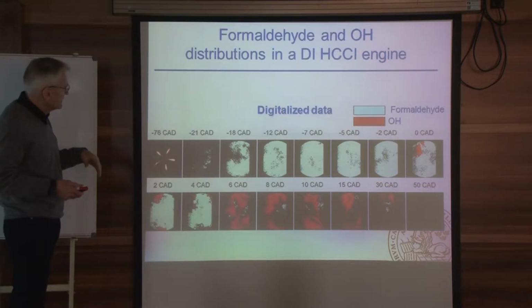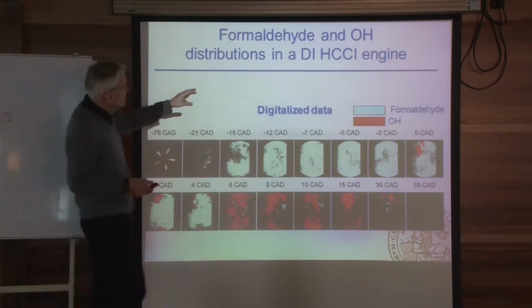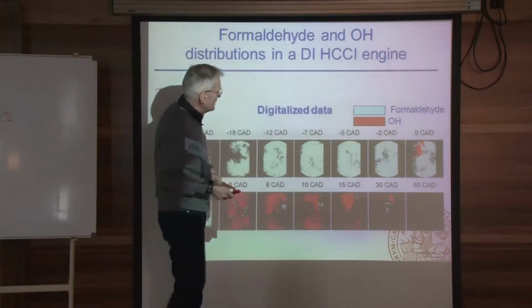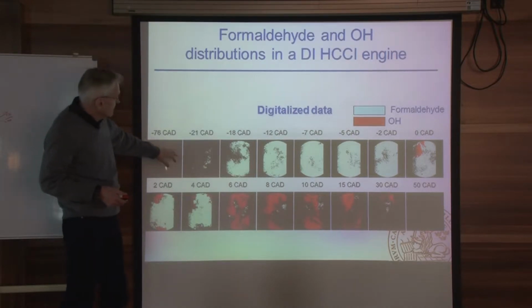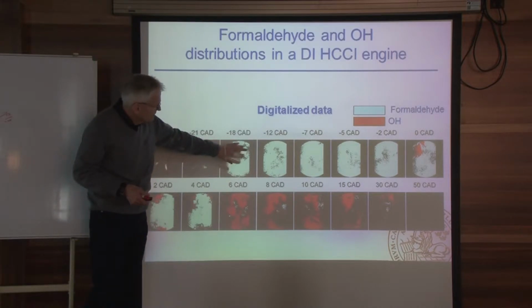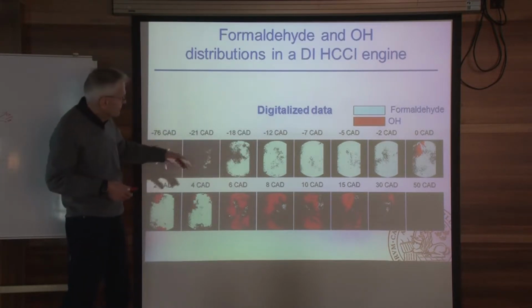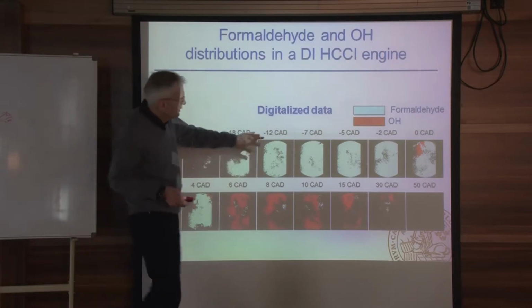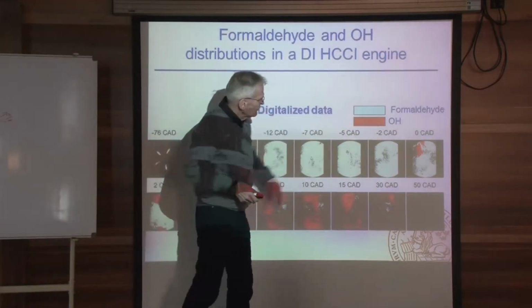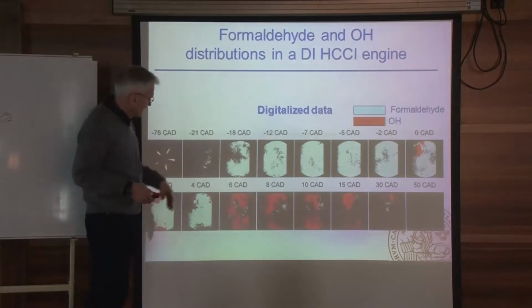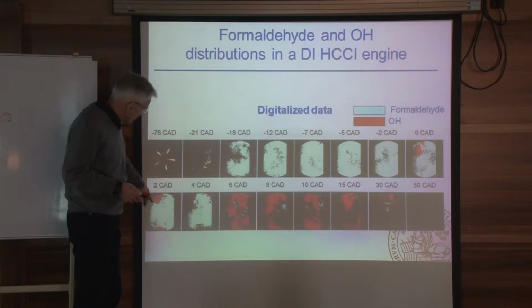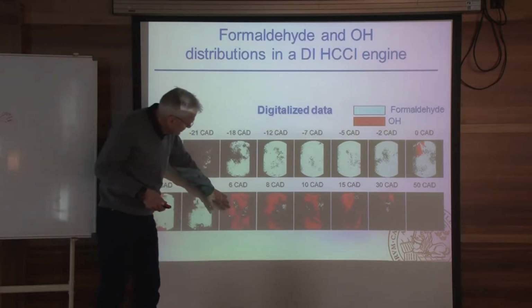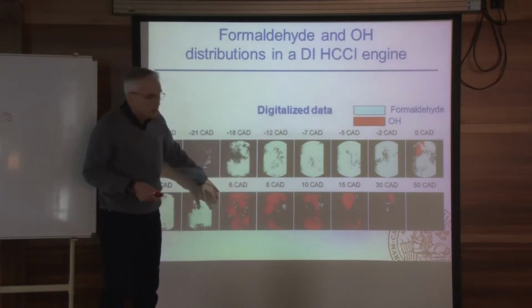It's different cycles, but still you could see, and this is in a direct injection HCCI engine. This is the injection of the fuel, and then you could see that early in the combustion, in the low temperature regime, you produce formaldehyde with this color, and then later in the cycle, the real hot flame starts to ignite, and here you have more or less only OH.